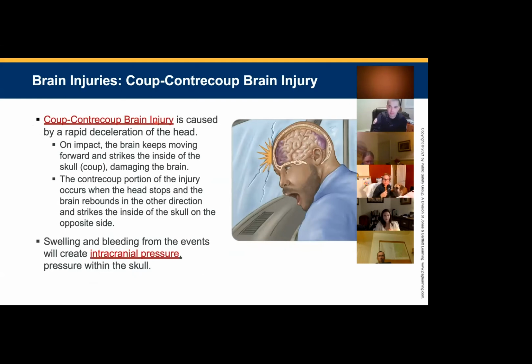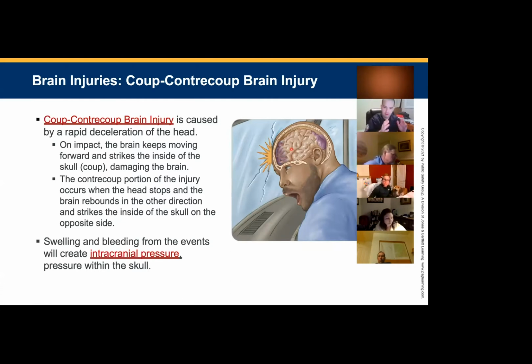A lot of recent studies look into coup contrecoup injuries. Coup contrecoup injuries are injuries that happen on the opposite side of the brain. For example, in this individual who struck his windshield, we have the primary injury on the front of the brain. Remember, when the body is moving, all the contents are in motion.